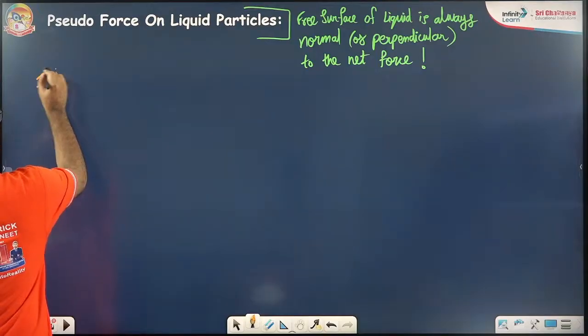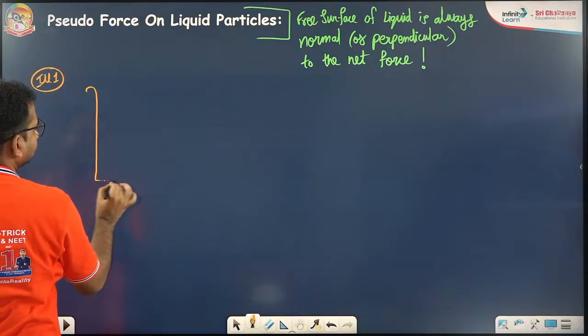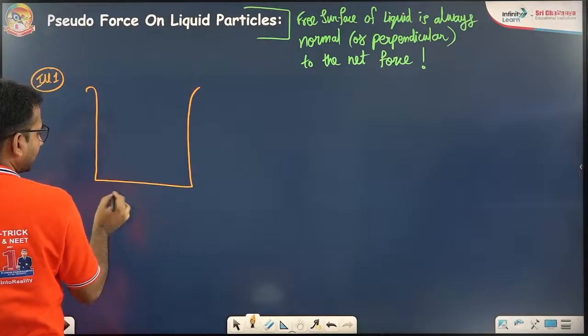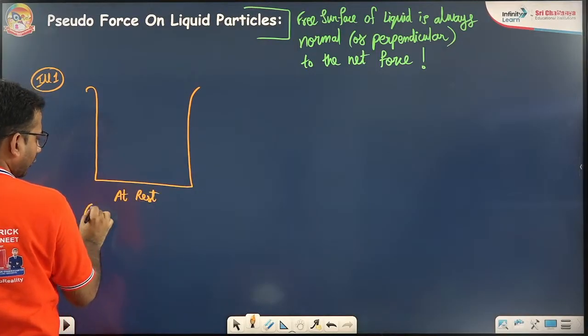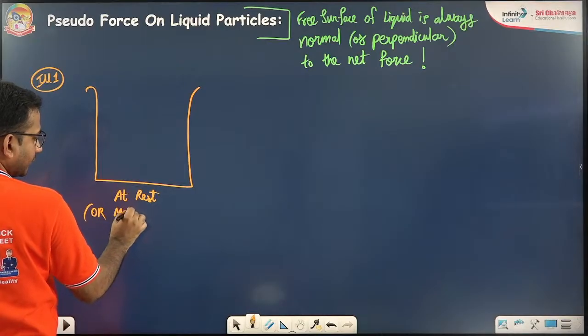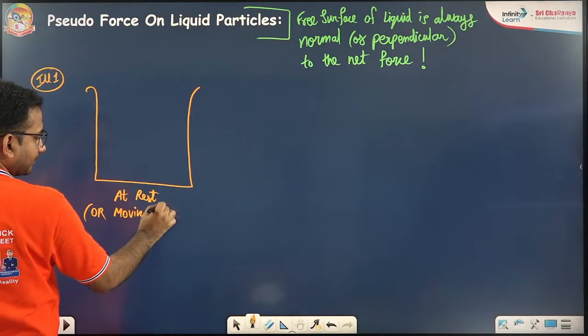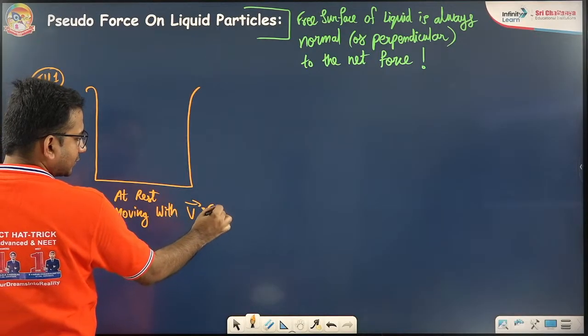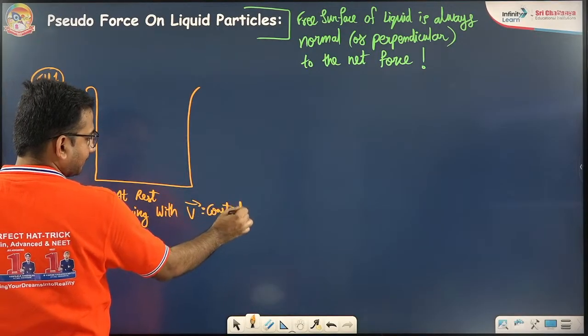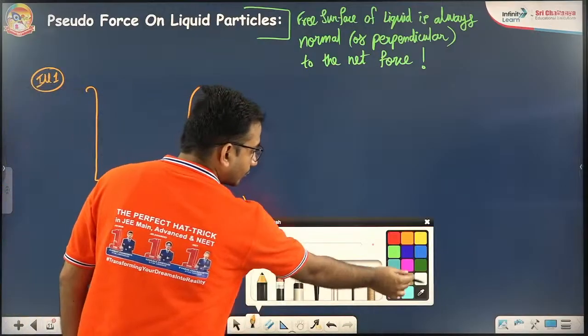is, there is a beaker. The beaker is at rest or moving with uniform velocity, or a constant velocity. All right. Now, what is happening?